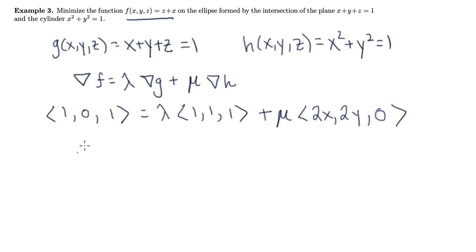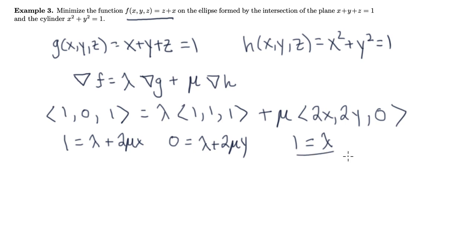So notice that we get three equations. We get 1 is equal to lambda plus 2 mu x. We get 0 is equal to lambda plus 2 mu y. And then finally we get 1 is equal to lambda.